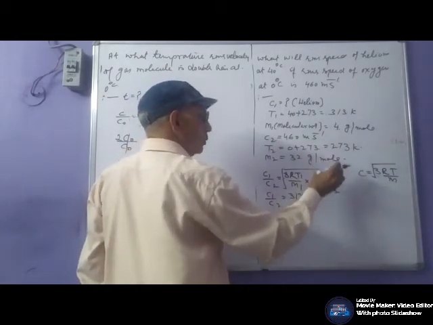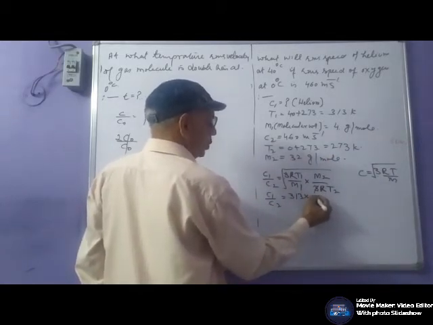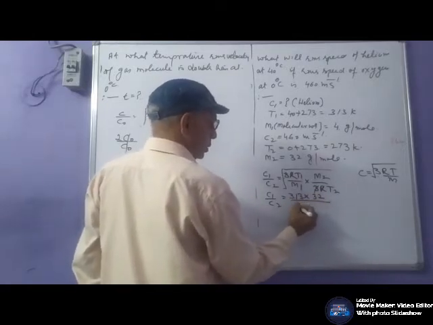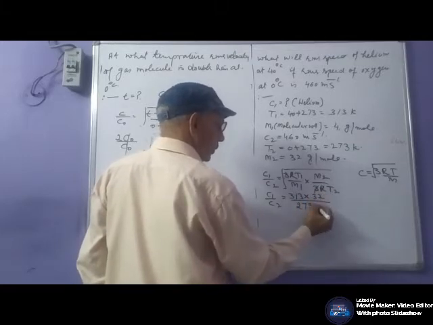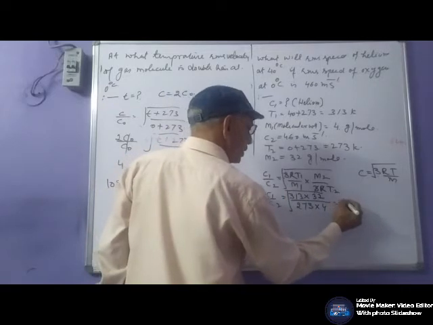Gram goes with gram, no need to change units. M2 by M1 is 8.